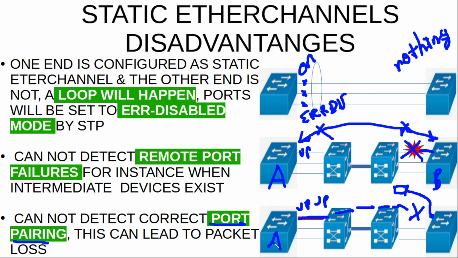And switch A will never be aware of that, because there are no frames being interchanged between switch B and A. So A cannot be aware that the remote interface at B is not even connected. So when sending frames from A to B, some frames can be sent over this interface that is going nowhere, and they will be lost.